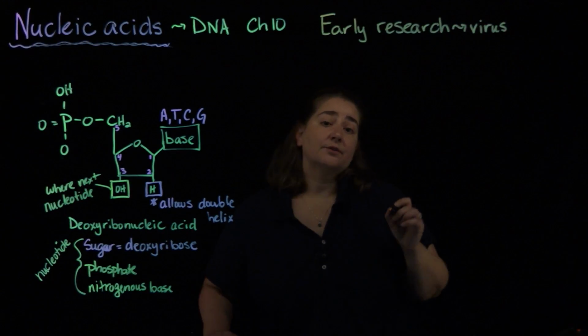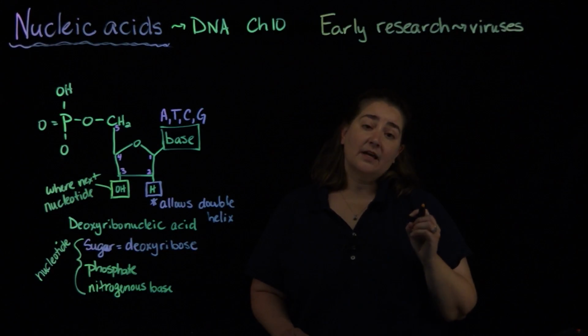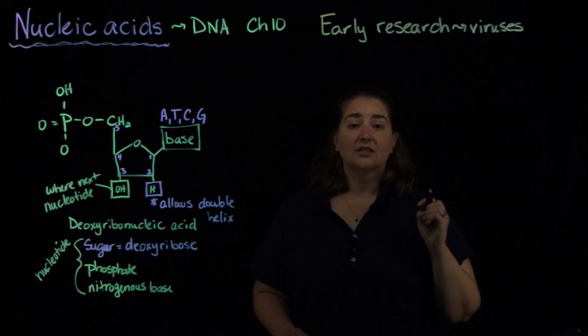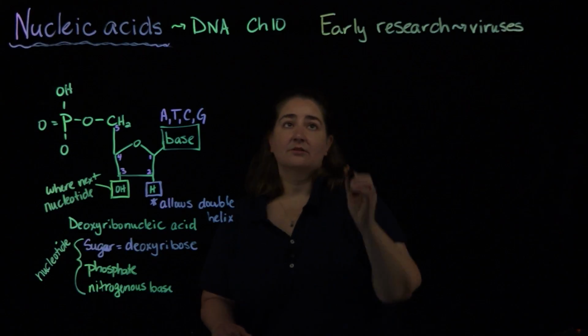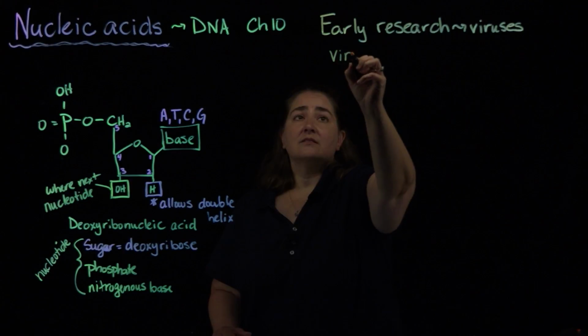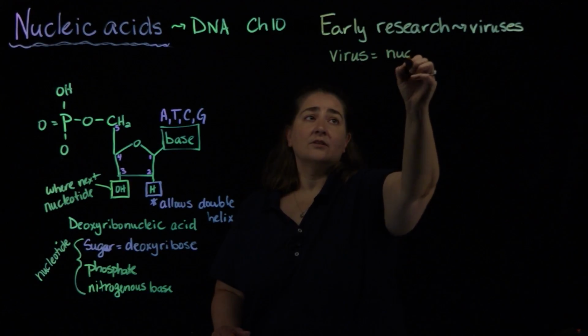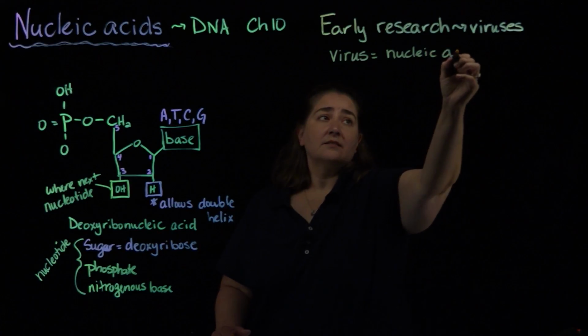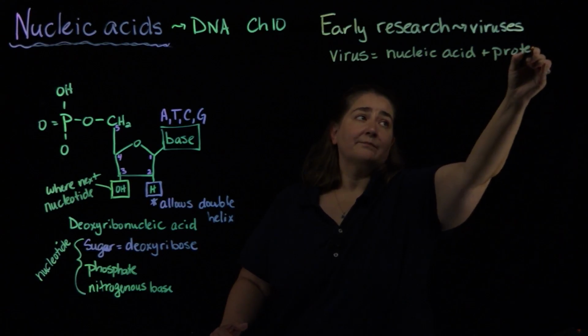And really, when DNA was discovered, a lot of the early research was using viruses. Okay? And the reason for that is because viruses are a lot simpler than eukaryotic cells. Okay? Viruses consist of nucleic acid and protein.